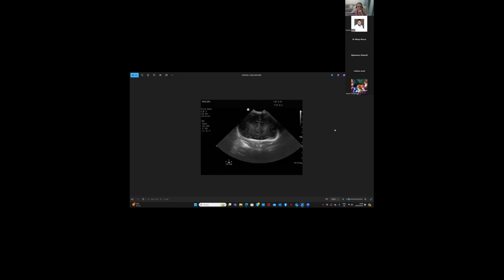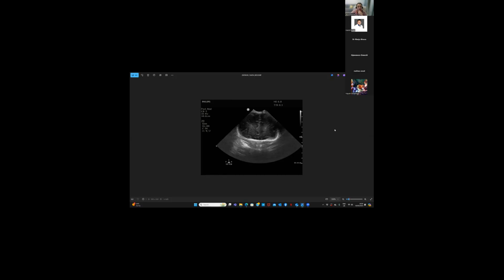Dr. Alok, can I ask a few things? Yeah, please. So the first thing I struggled with: in our USG machine in our unit, there are preset settings for cranial scans, which is displayed as pediatric abdomen. The frequency I could see was pretty high.